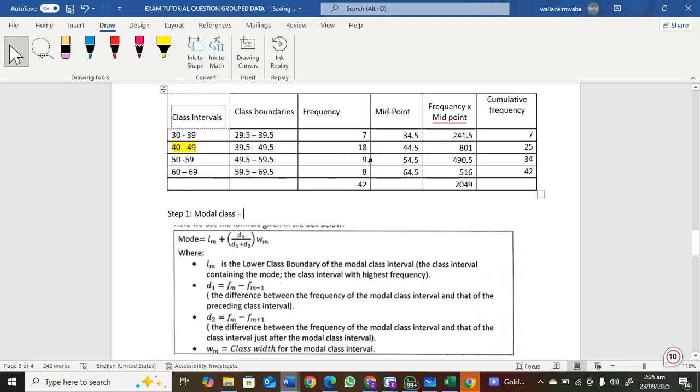So the class with the highest frequency is this class, 39.5 to 49.5. You can see the class has got 18. The frequency is 18, so that's the highest frequency. So our model class is 39.5 to 49.5.